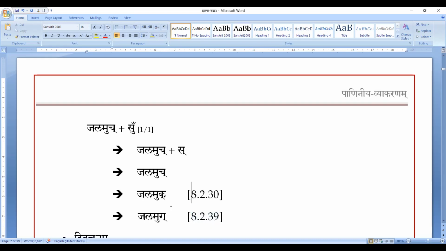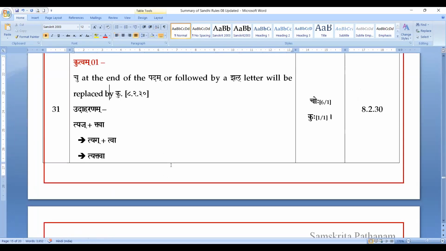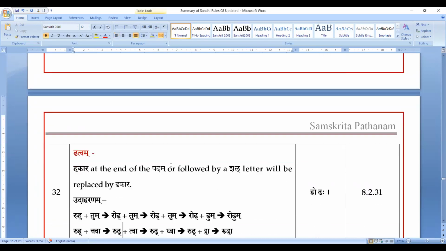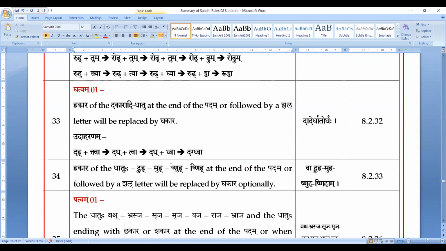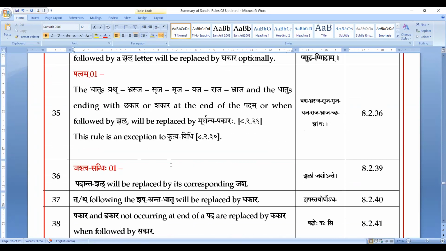Now you see Kutva Sandhi is applied first, and then Jashtva Sandhi. Please see the chart. 8 to 30 is the sequence, Kutva Sandhi. Then further Sandhis are there, but other Sandhi rules cannot be applied here, therefore don't apply.